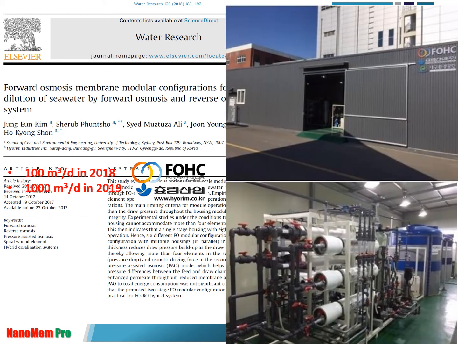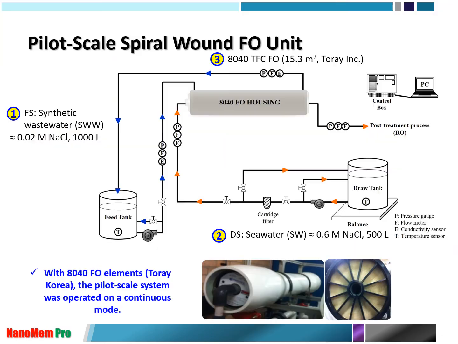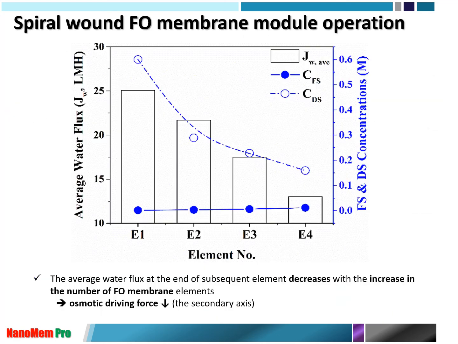So this FOHC Hyundai industry successfully developed 100 cubic meter per day and 1000 cubic meter per day systems, and they found that around 30% of energy consumption can be saved when you utilize wastewater and seawater for the RO hybrid system. You can see the pilot operation system using commercial spiral wound module operation.